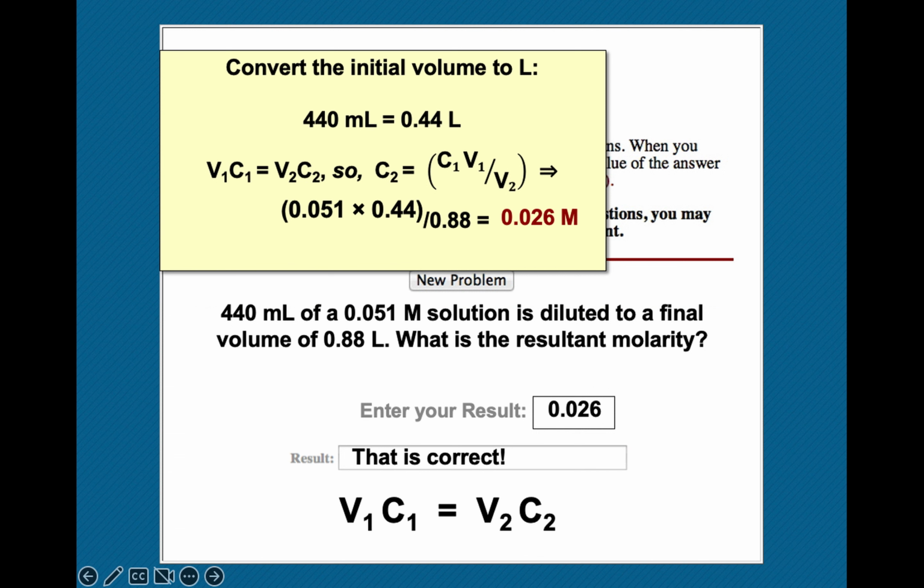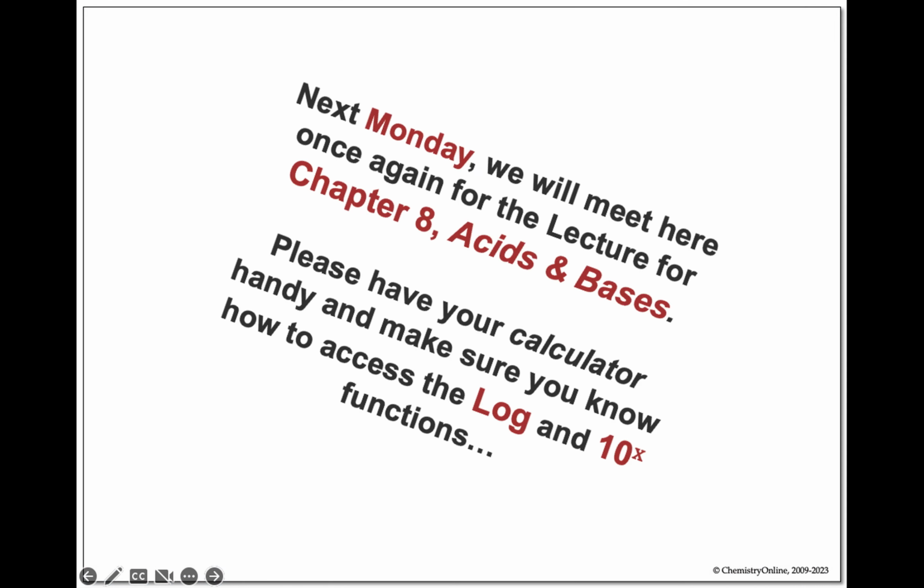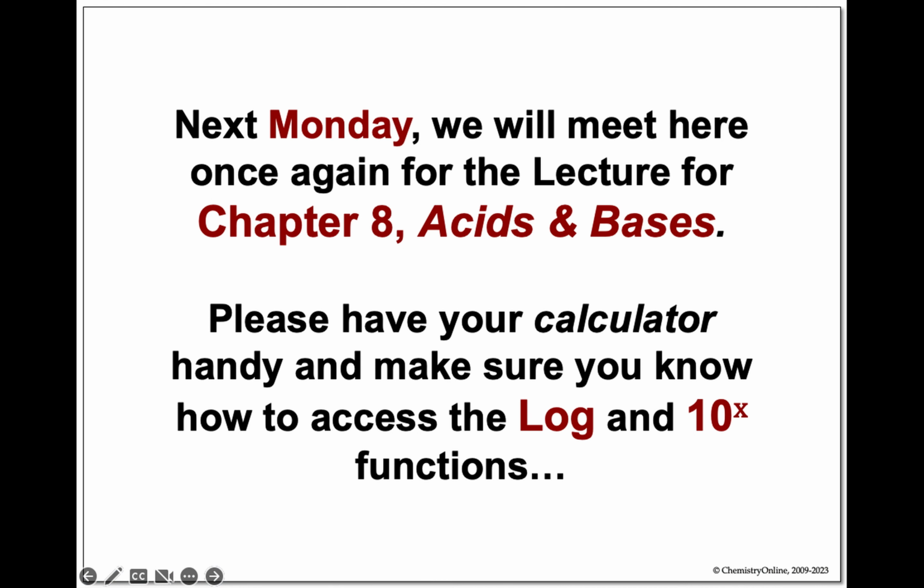Well, that ends chapter 7. Chapter 8 is next, so next week here. Chapter 8 is acids and bases. We are going to do the concepts of pH. We're going to calculate pH and hydronium. Please bring a calculator.